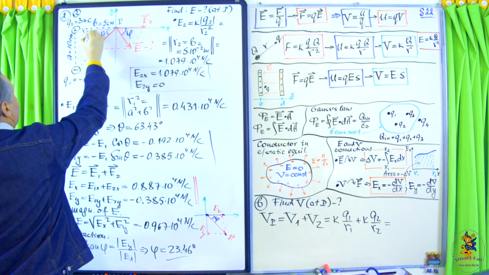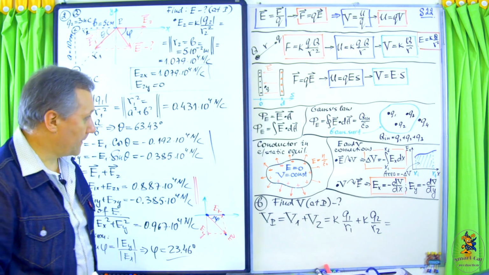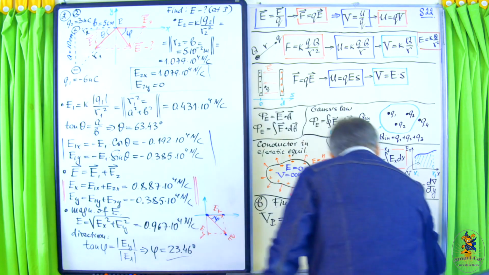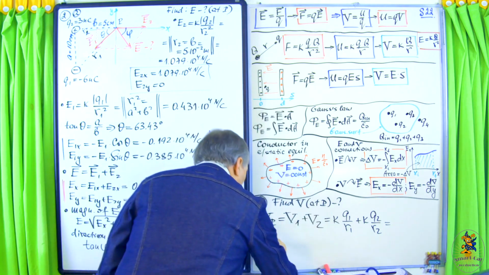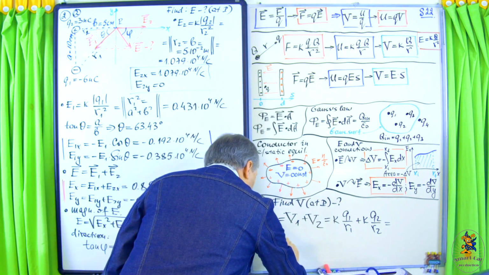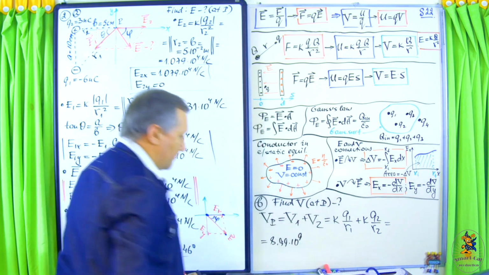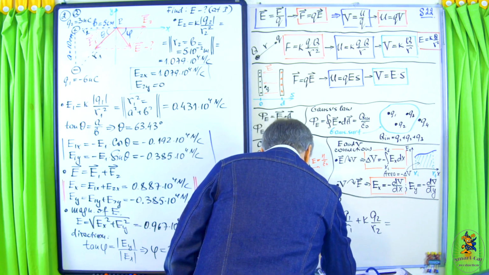That's R2, sorry. R1 is the distance from this charge to the point P, of course. So it will be 8.99 times 10 to the power of 9. Okay, I can write units.